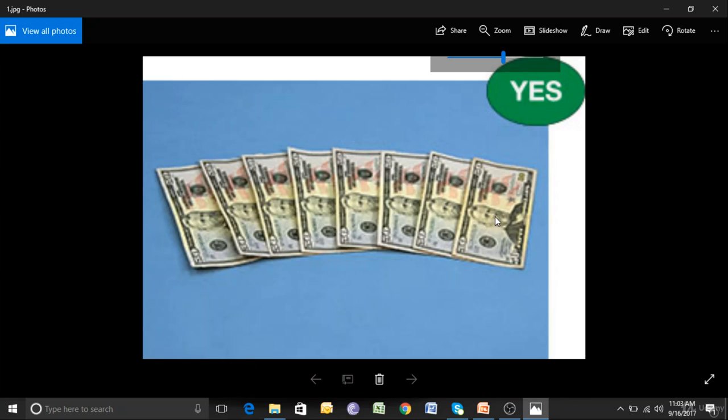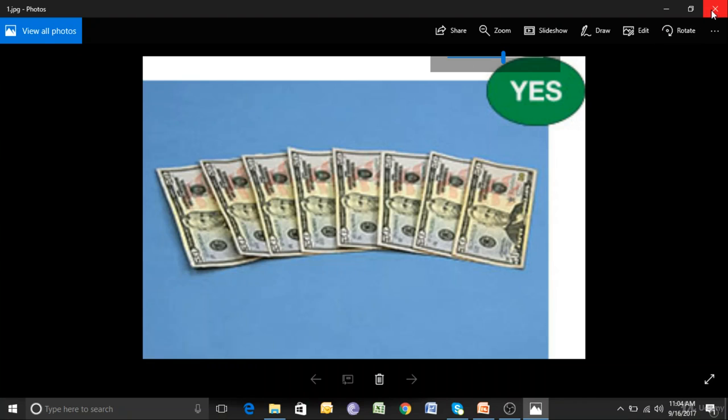You see, the picture is on the upper side, and that also in a proper way, head on this side and the body on this side. So each and every note is properly aligned, on top of each other and facing upwards.